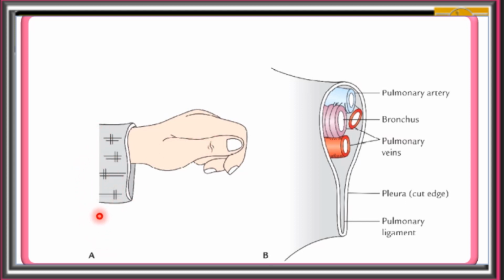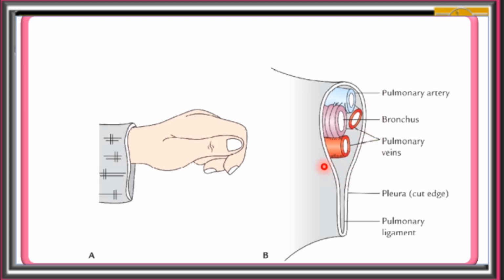Now we see a reflection of the pleura, visceral pleura, that lines the inner aspect of the lungs as it wraps around these structures that are entering the lungs. So in this way it's happening here. This is an actual illustration of what we are seeing here. So the pleural cuff is the part of the pleura that surrounds the root of the lungs as they enter or leave the lungs.